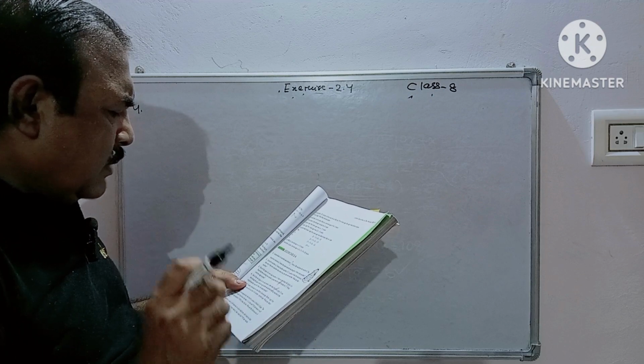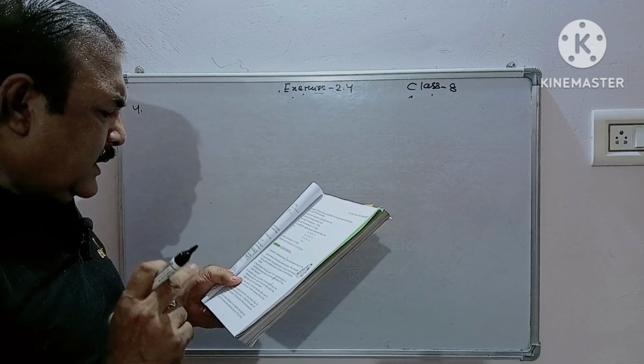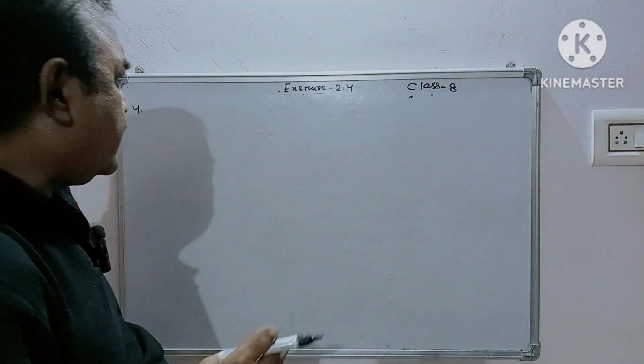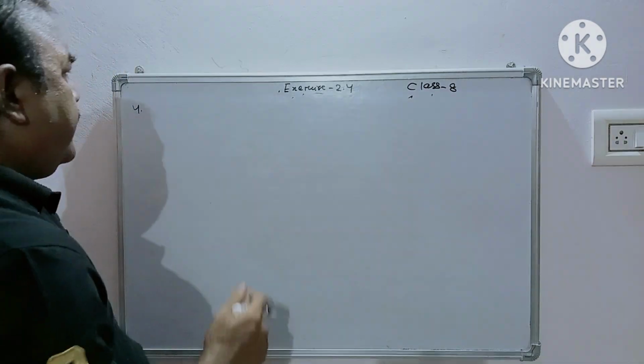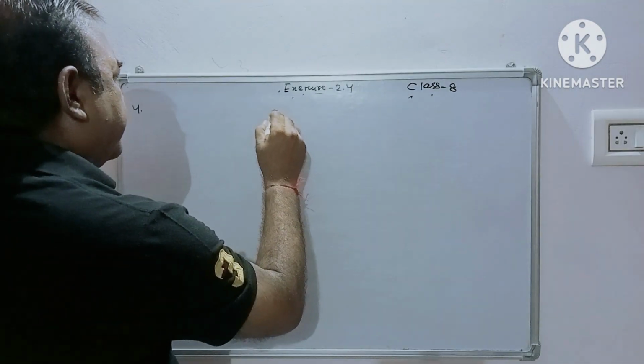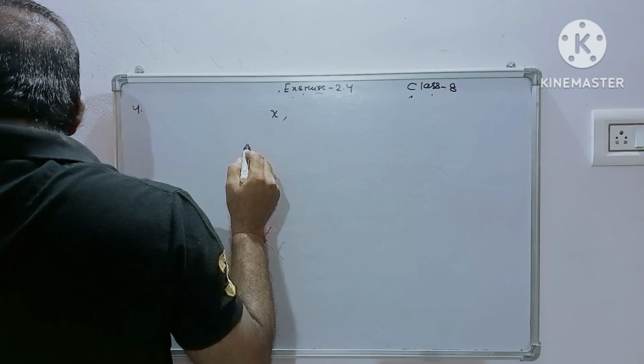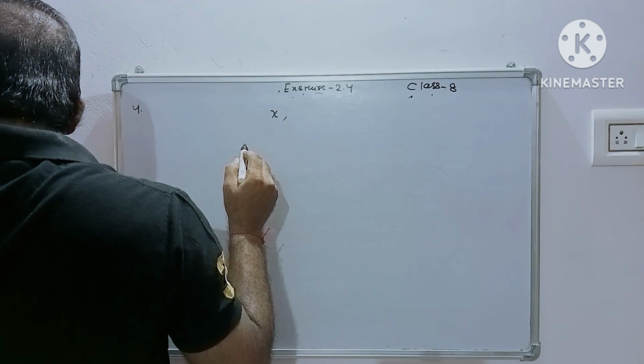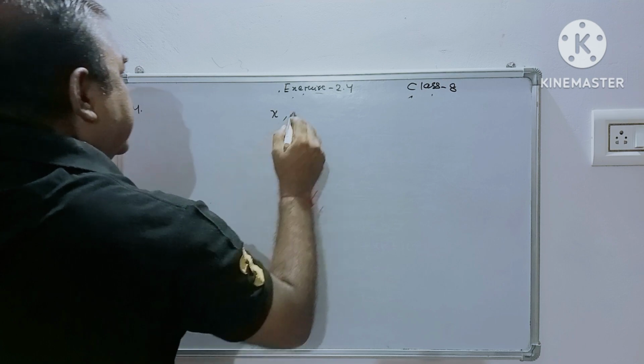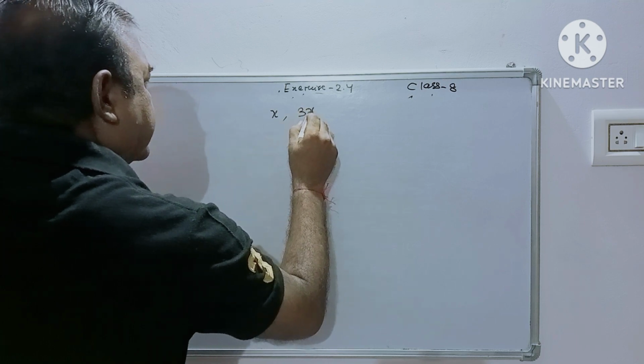So the condition is that one of the two digits of a two-digit number is 3 times the other digit. So if one digit of the two-digit number is x, the other digit will be 3 times of it, so this will be 3x.